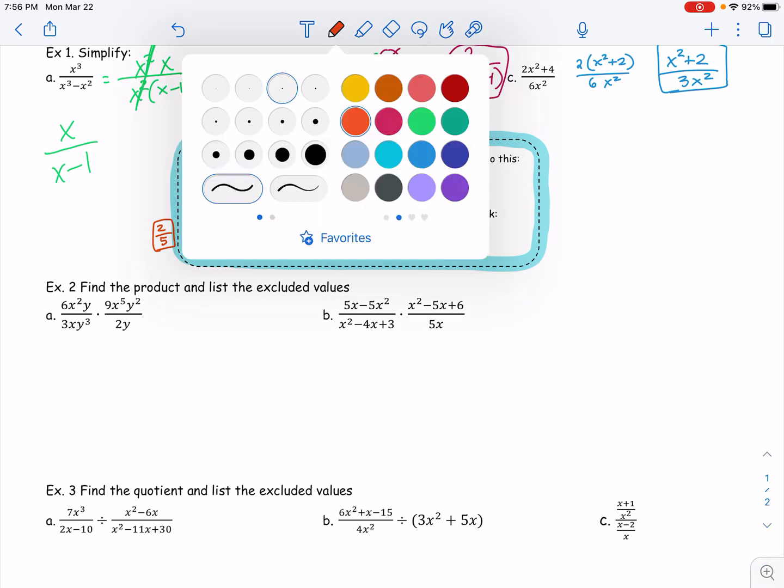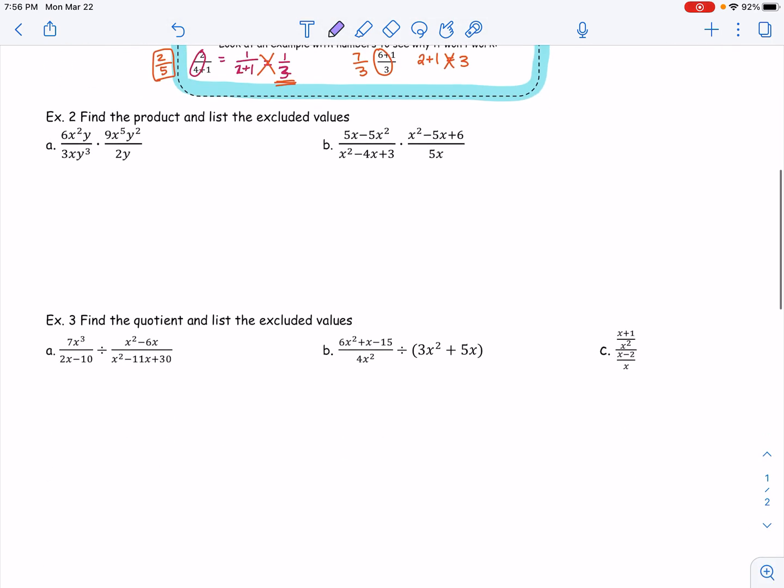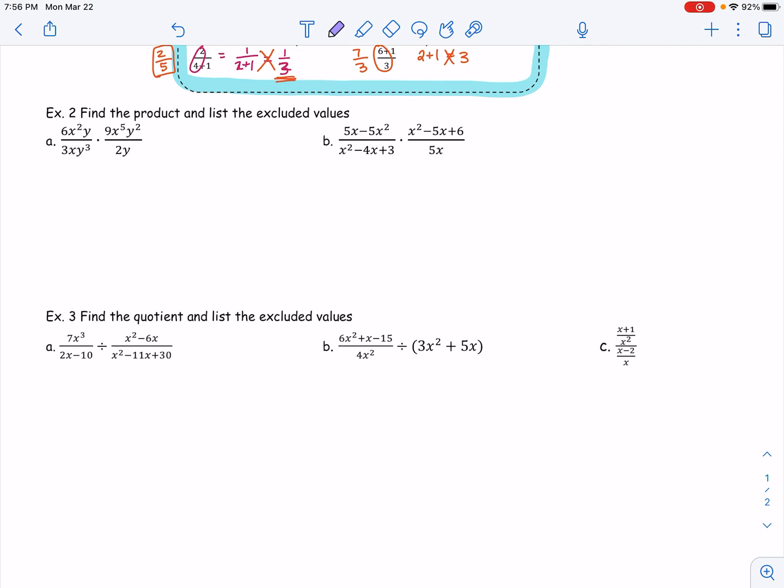So let's try some more. Now we're really getting into piling it all in. We're going to do some multiplication, and then we have some division problems. Remember, multiplying, we can just multiply straight across, top to top, bottom to bottom, and then simplify. If it's already factored, you can cancel out diagonally as well.